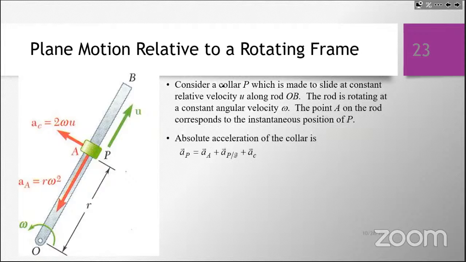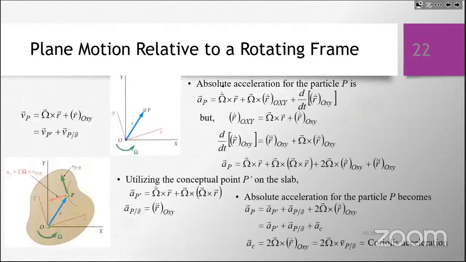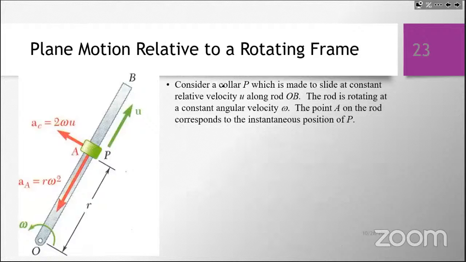That's the equation that we just wrote on the previous slide. A P prime here is just A of A. P prime is just defining the point on the rotating frame that you are at that instant. In this case, we know that that is A.